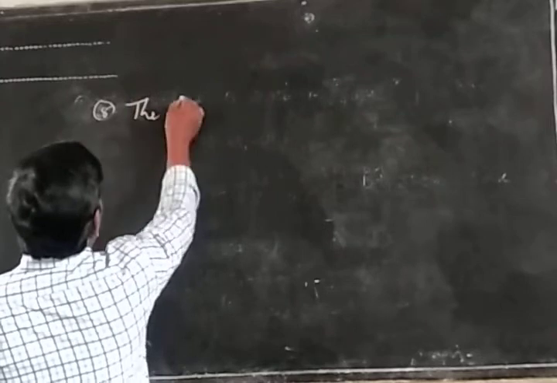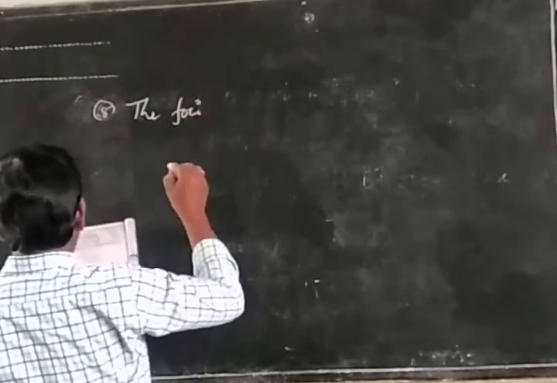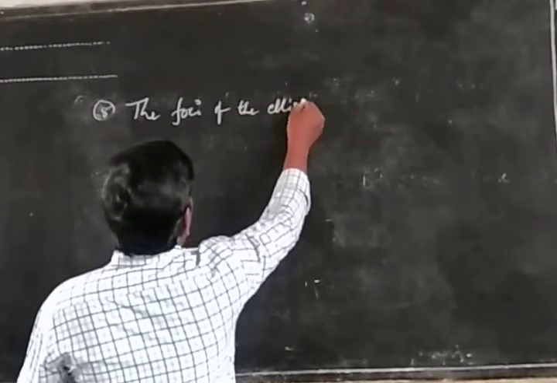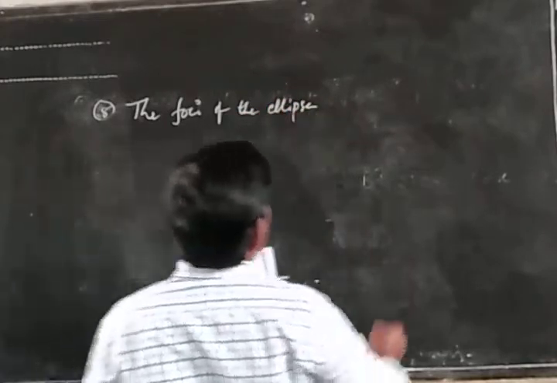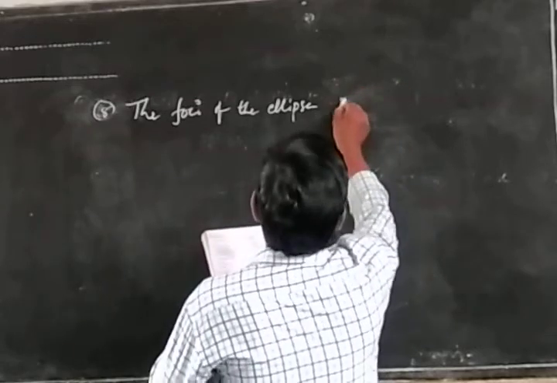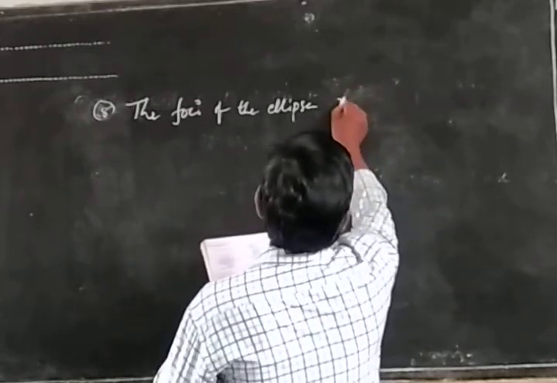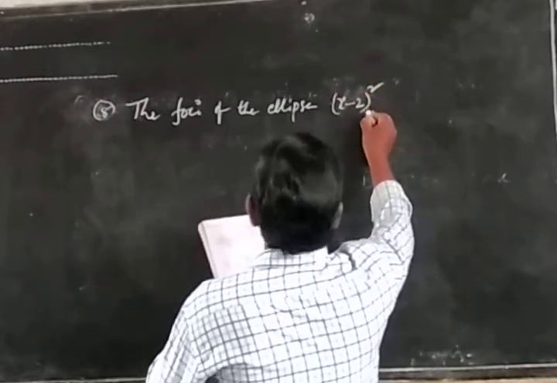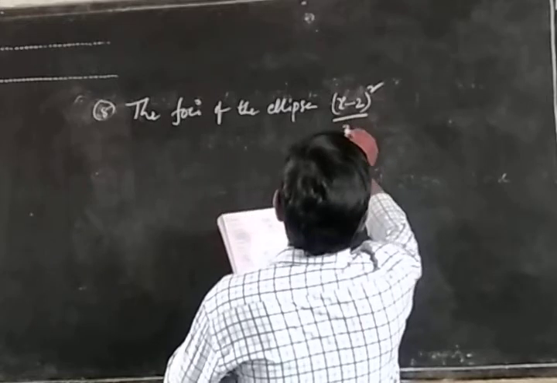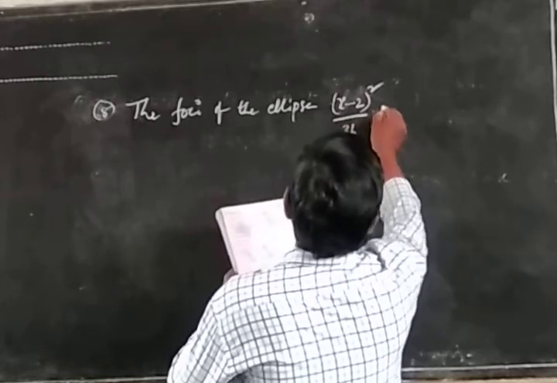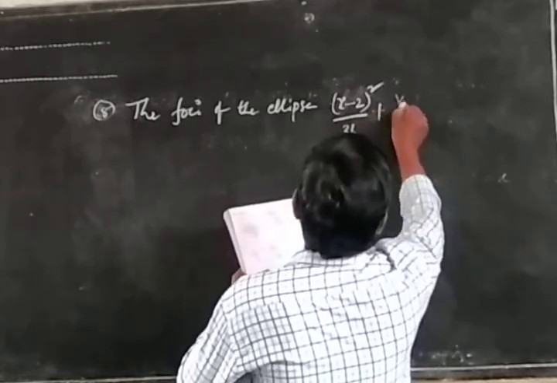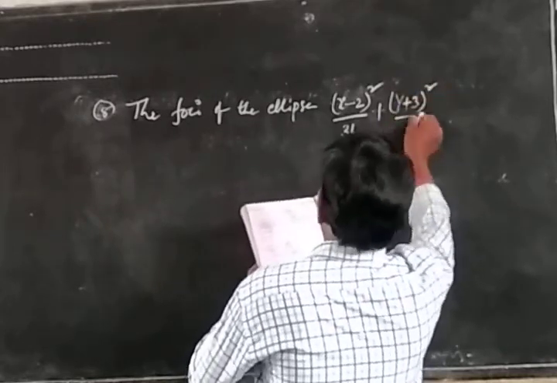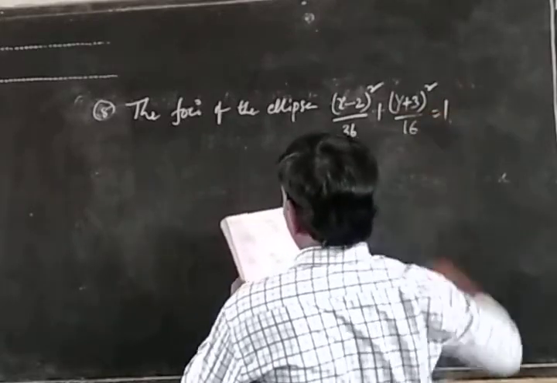The eighth one: the foci of the ellipse (x minus 2) whole square by 36 plus (y plus 3) whole square by 16 equal to 1.